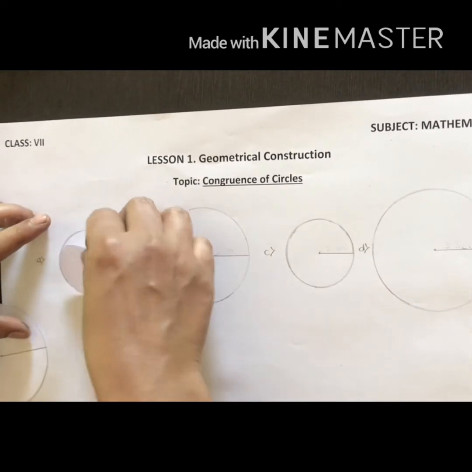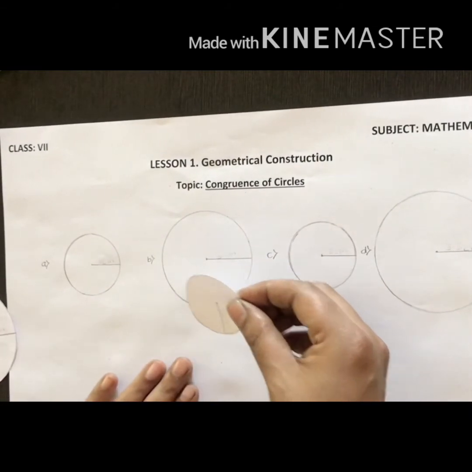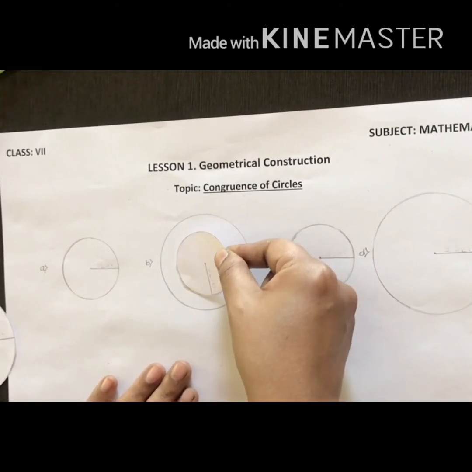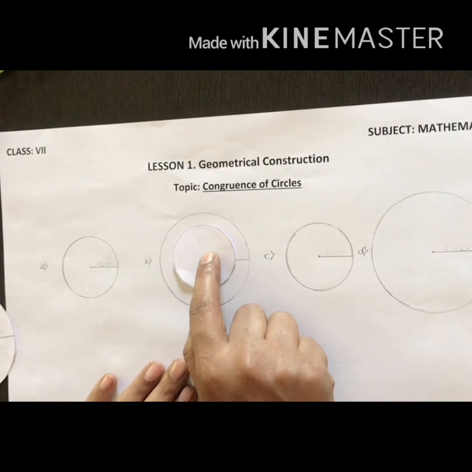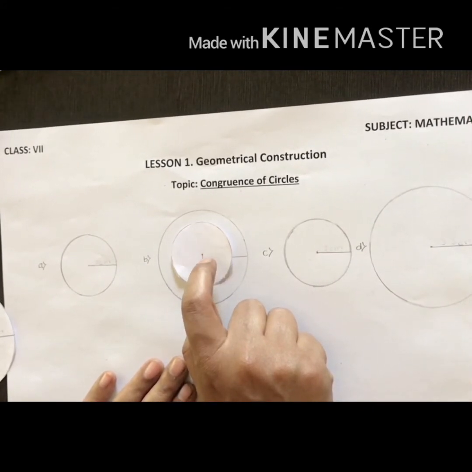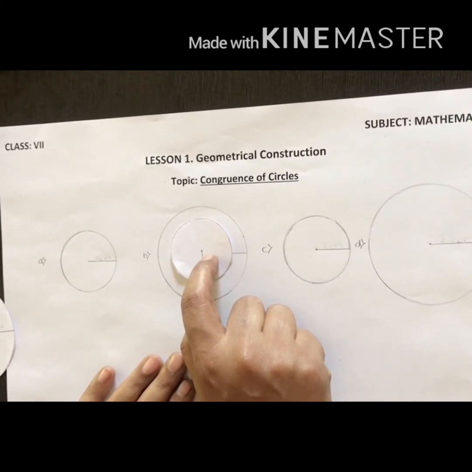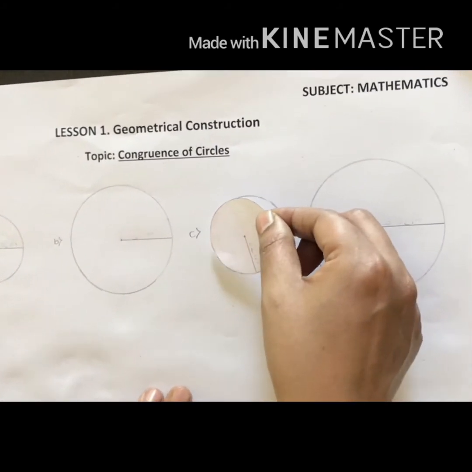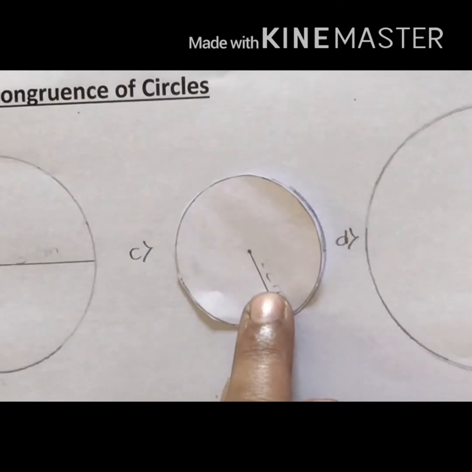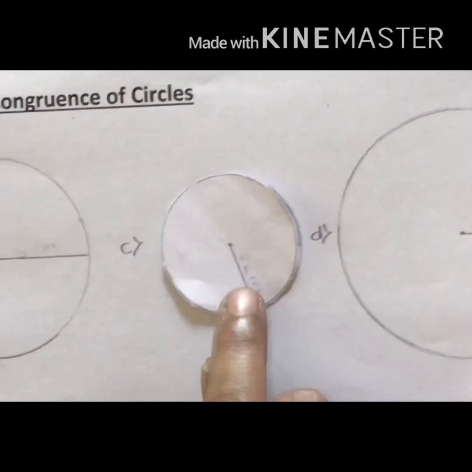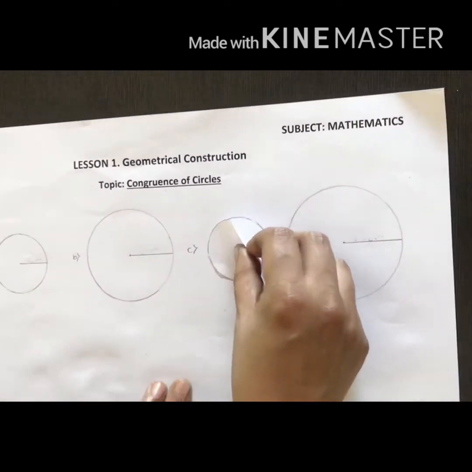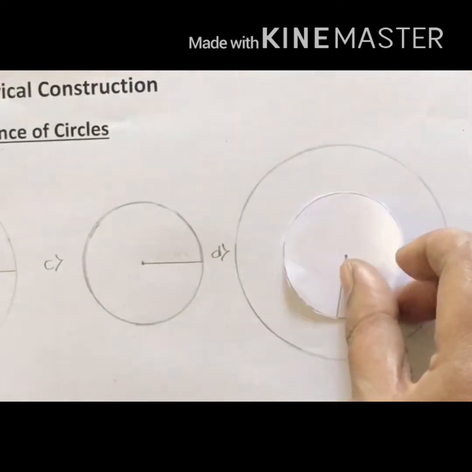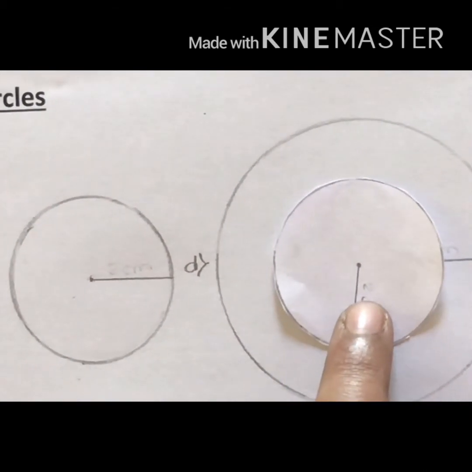Now let us take the next circle. If you put this circle on that circle, then they do not coincide with each other. Now the same circle we put on the third circle, and it coincides. And if we put it on the last circle, it will not coincide.